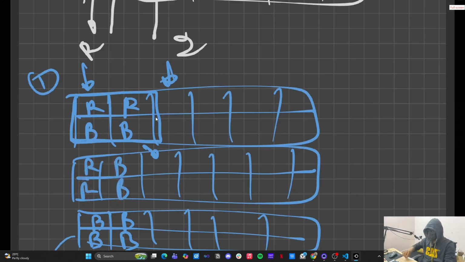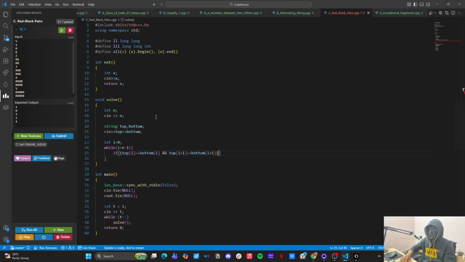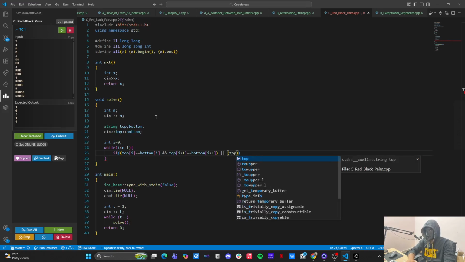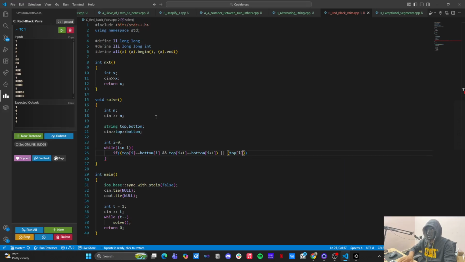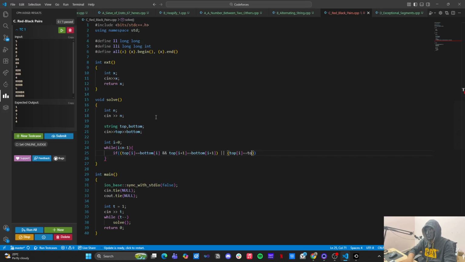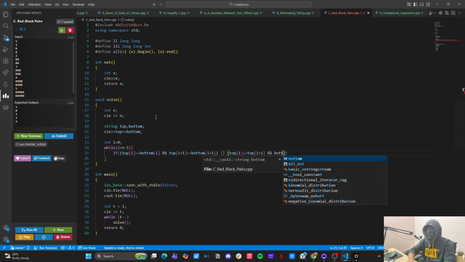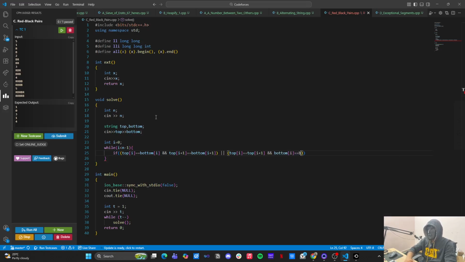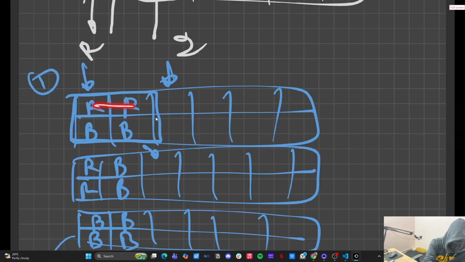So if these two are equal, then definitely we have a solution. Or I'll take a horizontal case. If top of i equals top of i plus 1 and bottom of i equals bottom of i plus 1. Basically I'm taking this case.